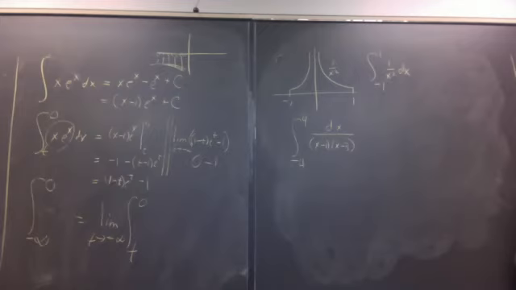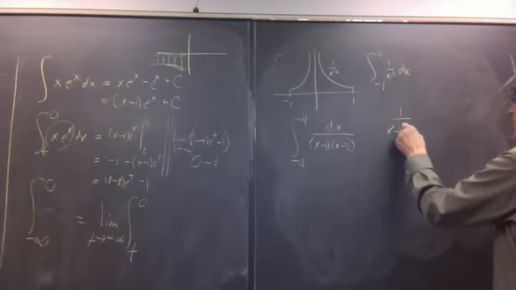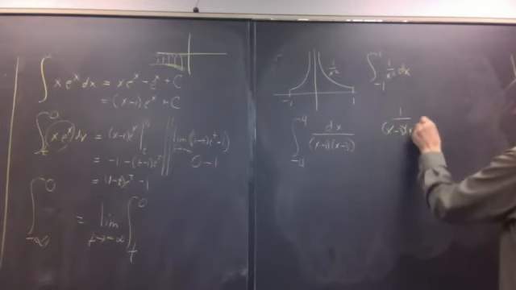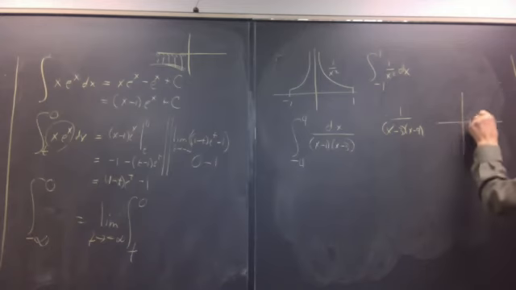Now, you guys all can, if you want to, graph these functions. How do you graph these functions? You take derivatives, you find out where it's increasing, decreasing, maximum, minimum. You can make a graph of this function. The graph of 1 over x minus 3 times x minus 4, if you graph it, it's going to have trouble at 3 and 4.